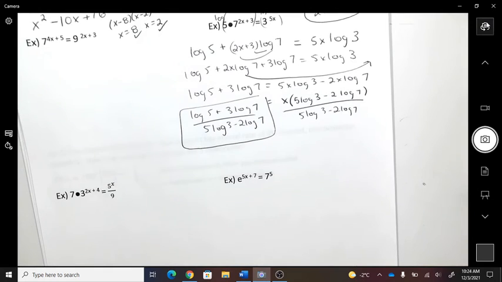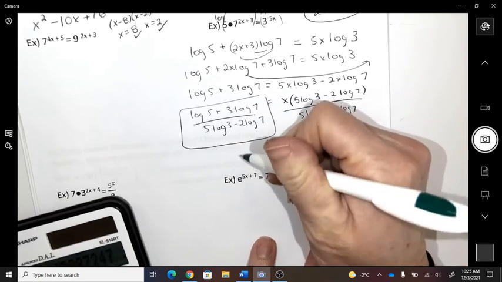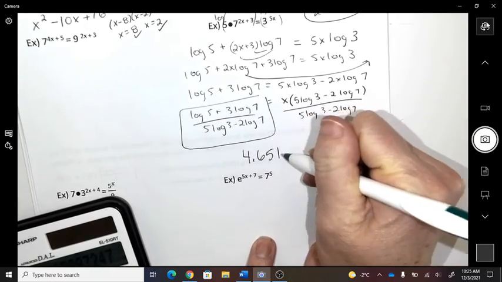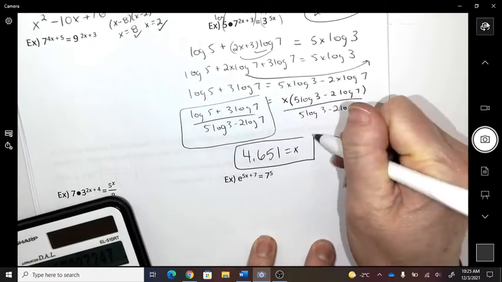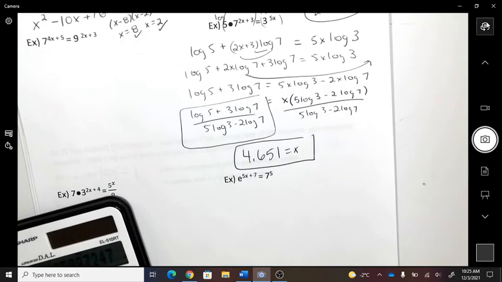That's the hard part. So make sure I would put brackets on that stuff. Let's see if we can all get to the same spot here. Anybody that matches me, let me know with the thumbs up so I know that I'm good.